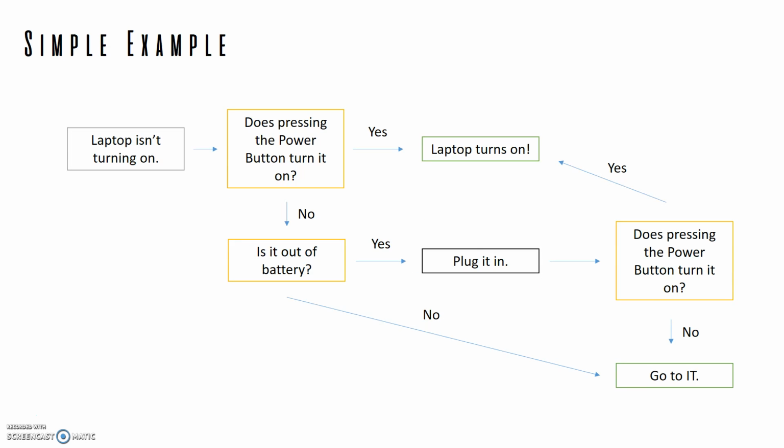A simple example of an algorithm is a flowchart like this of a daily task. Your laptop isn't turning on? Well, does pressing the power button turn it on? If it's yes, then the laptop turns on. But if it's no, then you have to check, is it the battery? If it is, then yes, plug it in, and then we go to another check. If it's not, then go to IT.